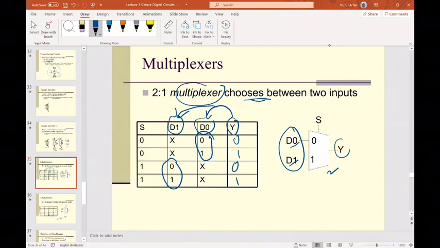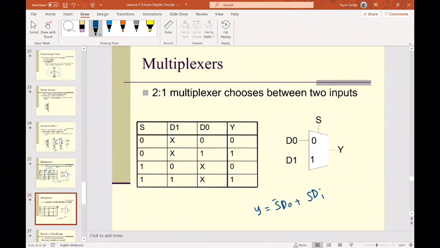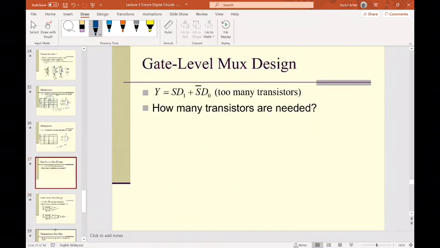So the output Y will be equal to, since it chooses this side, D0 with S bar, because it will choose this side. And then for this part, it will choose D1 with S. So this is the equation.